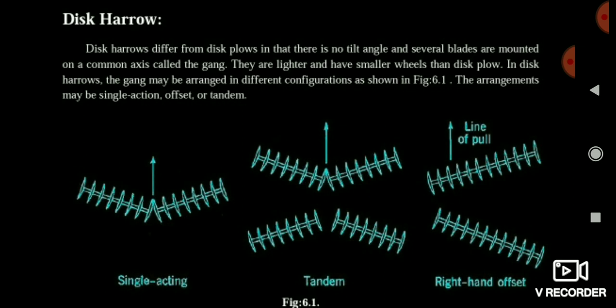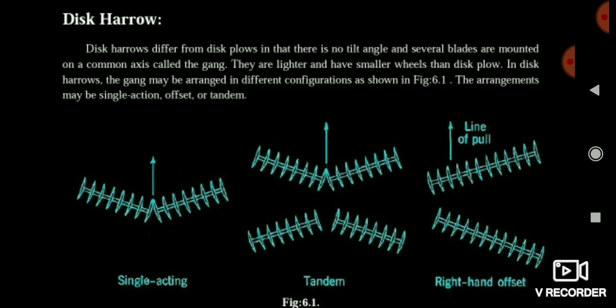And the next difference is it is used for secondary tillage operation, and disc plow is mostly used for, means we can't say that it can't be used for secondary tillage operation, but 90% is used for the primary tillage operation, but the disc harrow is used for secondary tillage operation. And it has lighter wheels and several wheels compared to disc plow.